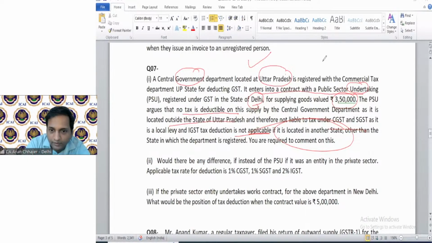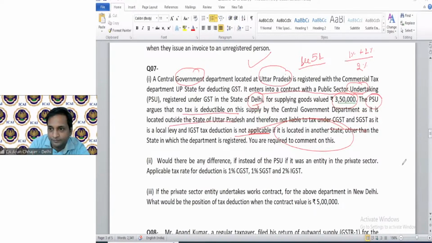Now, in case of section 51, the rate of tax deduction at source is 1% CGST, 1% SGST. If it is IGST, 2%. So the reasoning given by the PSU is not correct, that TDS is only applicable on intrastate supply. No, that is not correct.